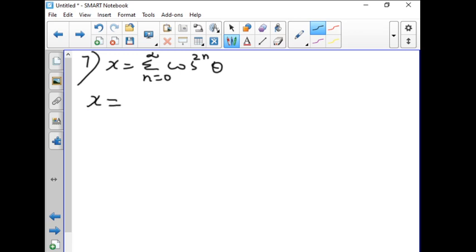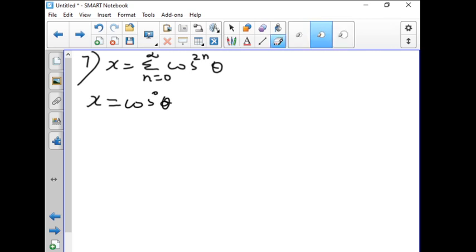X is equal to, n equal to 0. If you give n equal to 0, it is cos raised to 0 theta. So what is it? It is of the form 1 power 0. Anything power 0 is 1. So here also it is cos theta power 0, and cos theta power 0 is 1.